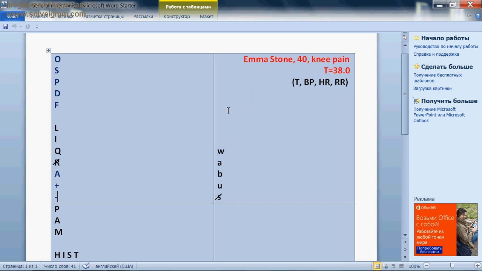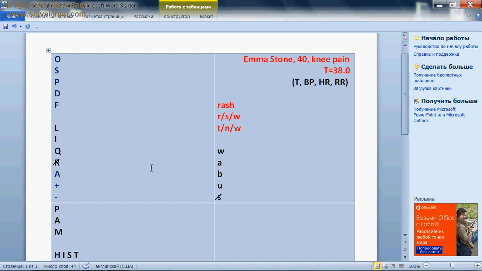And before entering the room, for this case, you can also add information like this: rash, redness, swelling, warmth to touch, and tingling, numbness, and weakness. Okay?